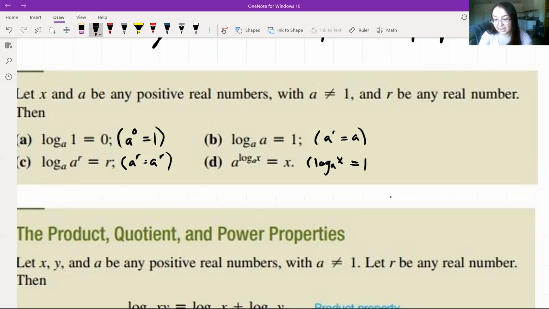Our base is a, so we have log base a, and our x value in this case is x, so we know we have x. So we know that that checks out.